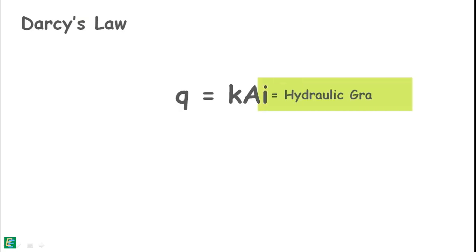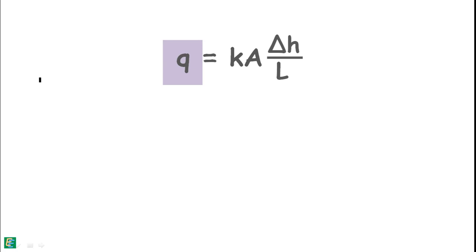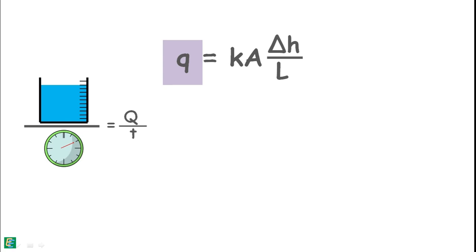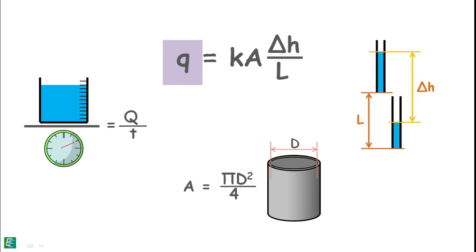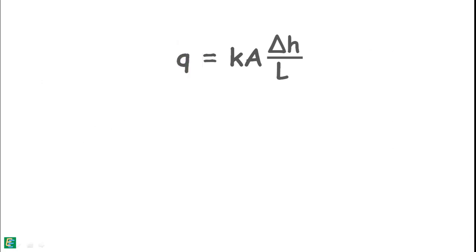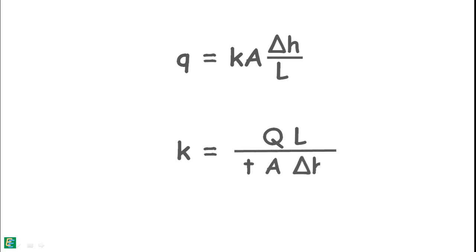I is the hydraulic gradient and can be written as this. Here, discharge can be calculated as the volume of water collected, capital Q, divided by the time interval T. We have calculated the area of the mold, capital A. We have also determined the head difference and the length L over which the head changed. So we have measured all the required values in this equation to calculate the permeability of the soil sample.